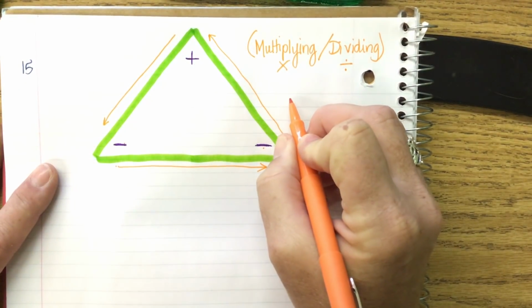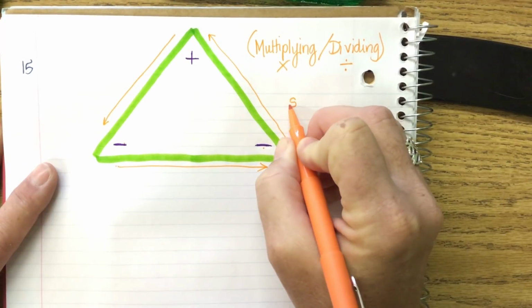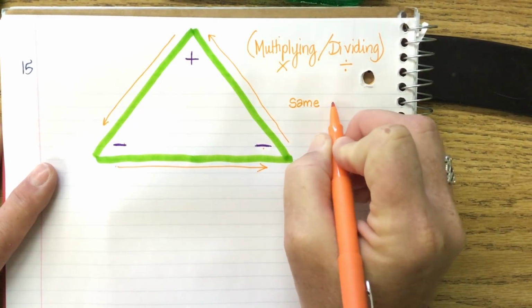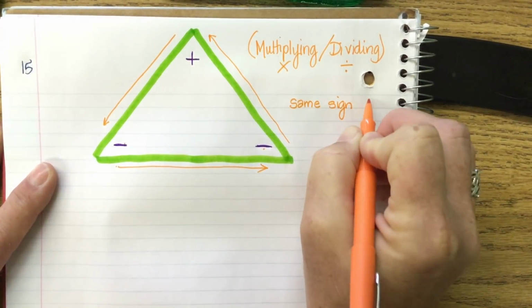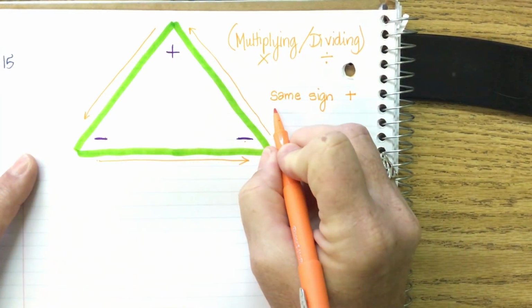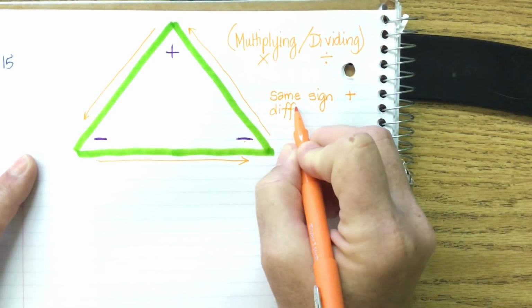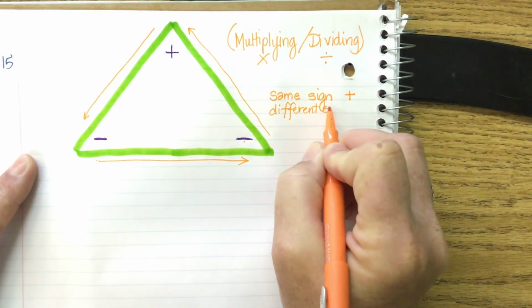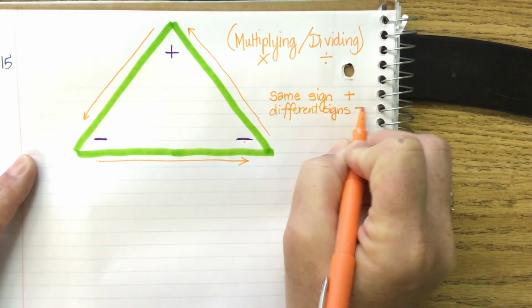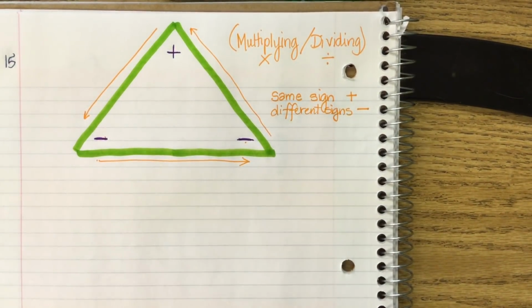So whenever you have integers, if you have the same sign, it will always be positive. When you have a different sign, it will always be negative. So that's really important. Okay, so the first page, put in your journal.